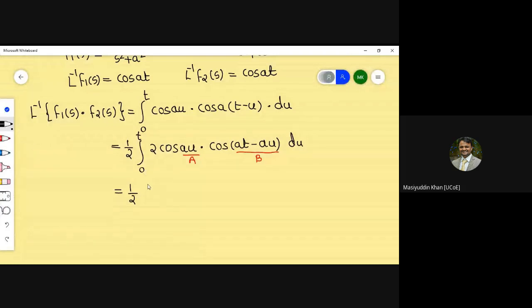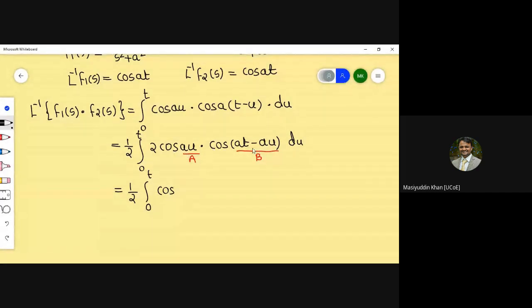So we have to write integral 0 to t, cos of A plus B means au plus at minus au. So au gets cancelled. You will get cos of at only, plus cos of A minus B. So au minus of at minus au, minus minus becomes plus.